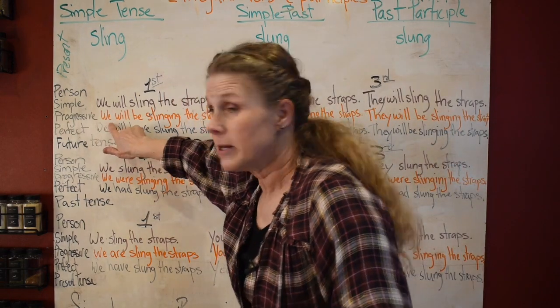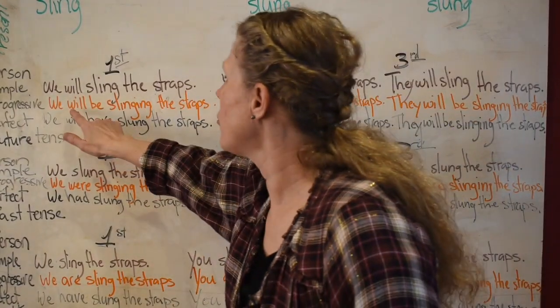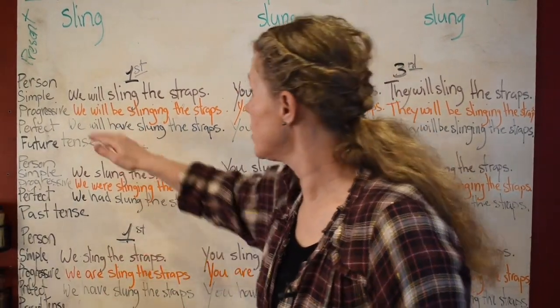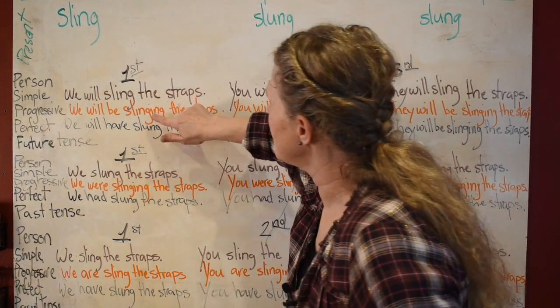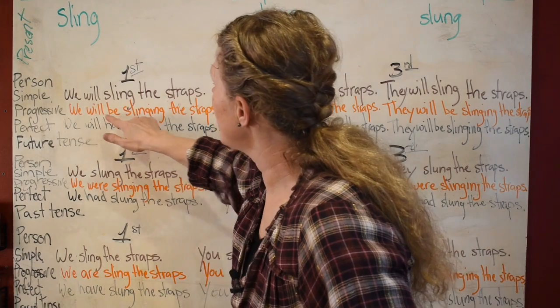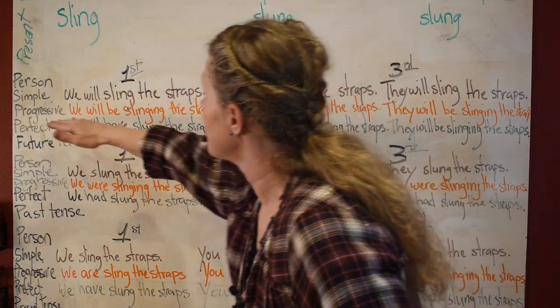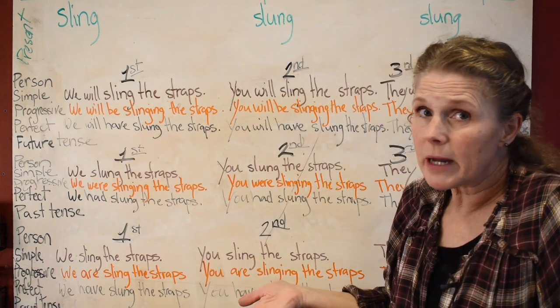So look at the progressive. We are plural, but in the progressive, we are going to do will be. We're going to put will be in, and then you're going to add your ing onto your simple tense. We will be slinging the straps. It's plural, so you don't have to worry about changing anything.